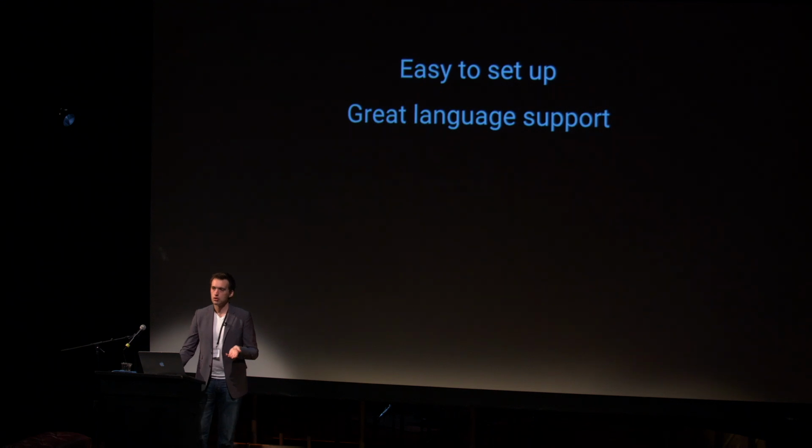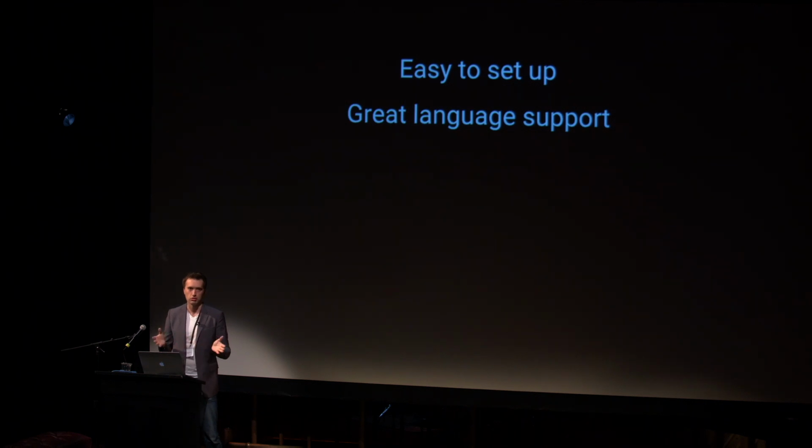OpenCensus has great language support, so officially we cover 8 languages. There's also an additional community-built distribution that supports Erlang, so that's a total of 9 languages. That's quite a bit of breadth, considering that other solutions for instrumentation generally just focus on a few. And it also helps that we have a single distribution per language. So one of the problems that we've observed in other communities, I think initially it was Zipkin, for example, when we were starting OpenCensus, was that you might have multiple competing distributions.